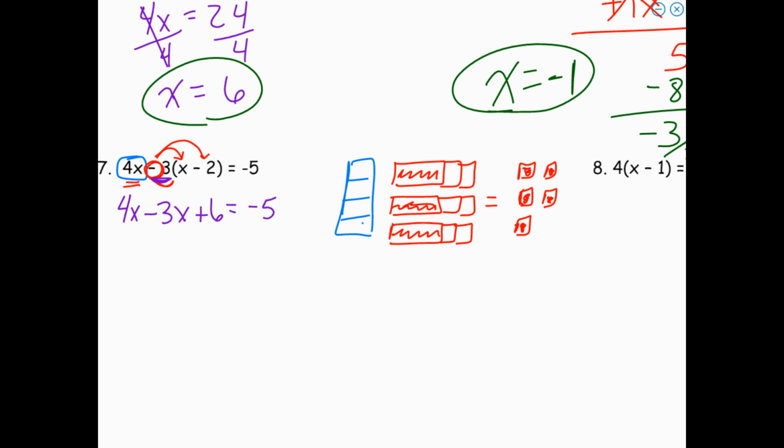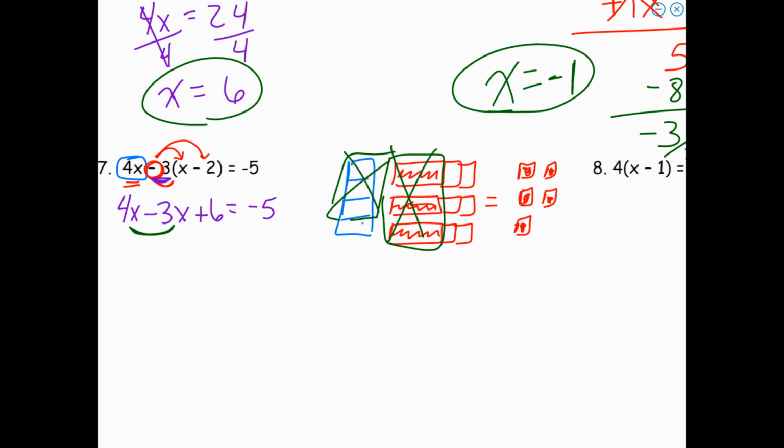Put that negative 5 with that 3. No, you put it with the 6, one of the 2. Well, let's combine our x's that are on the same side first. So we've got 3 positive ones and 3 negative ones that cancel each other out, right?